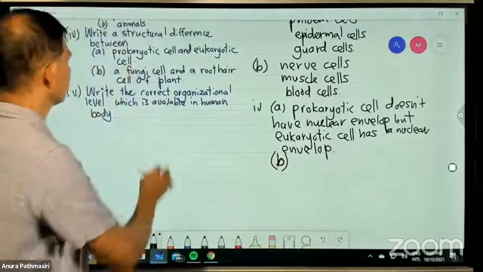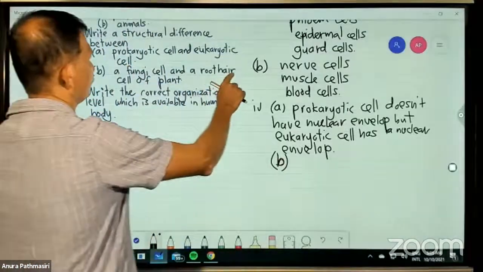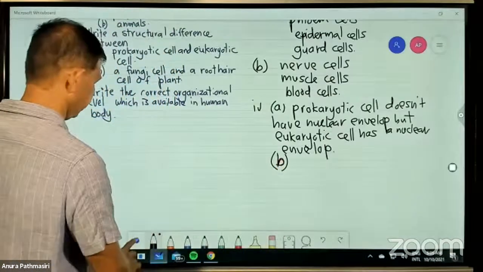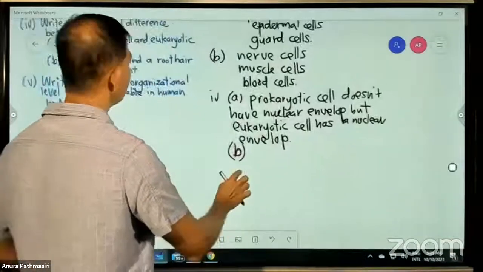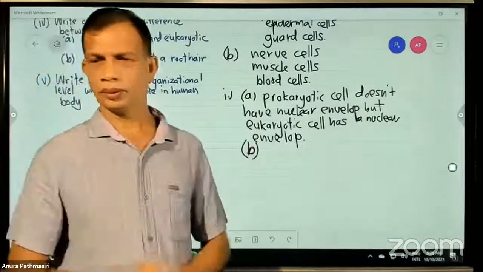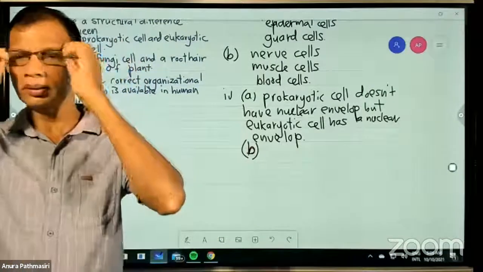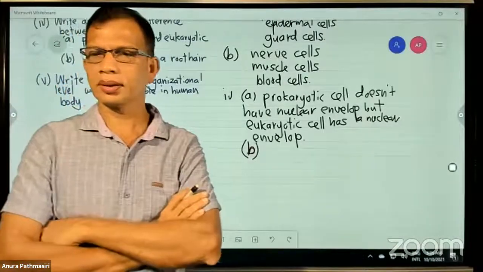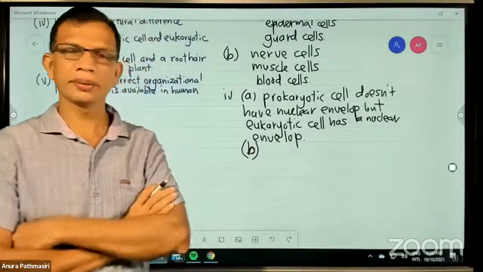So what is the answer for this one? A fungi cell and a root hair cell of a plant. Please, can you guess? Let me have your guess even. What type of cell is chick cell? It is, Kavisha, chick cell is an animal cell.